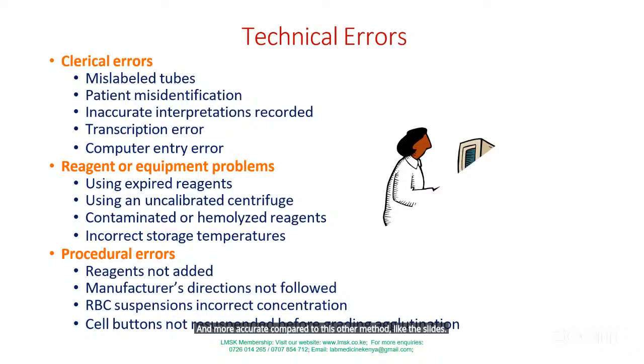In the slides, you might not really be able to see the cell button, and you might not be able to centrifuge. So follow your SOP when you are doing these particular procedures. But when you are doing centrifugation using the tube method, always remember to resuspend the cell button before you read. If it is a true agglutination, then it will persist. And then if there is no agglutination, the cells will be resuspended.